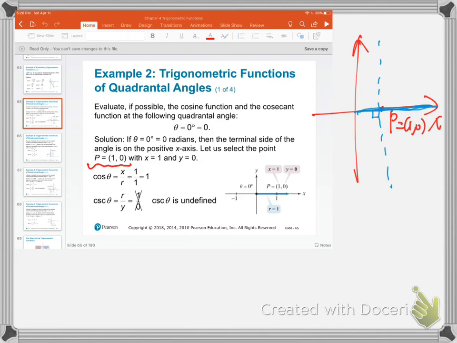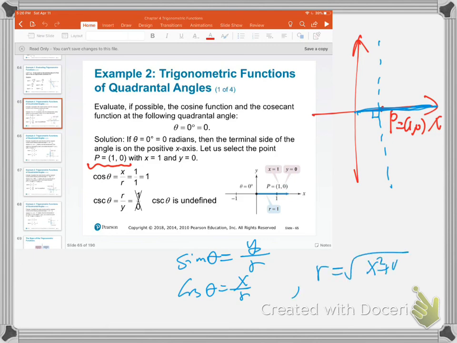So for this case, you can still use the definition of trigs, right? Sine is y over r. Cosine is x over r. And r is the square root of x squared plus y squared. So x is 1, y is 0. For special cases, you just don't look at the right triangle.